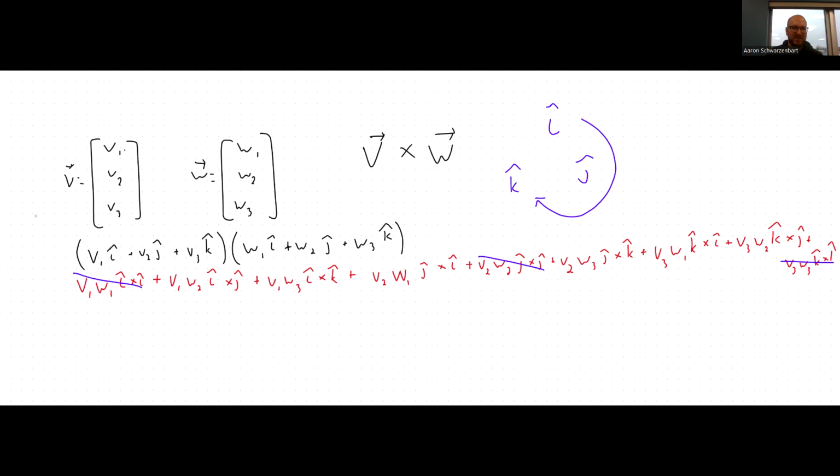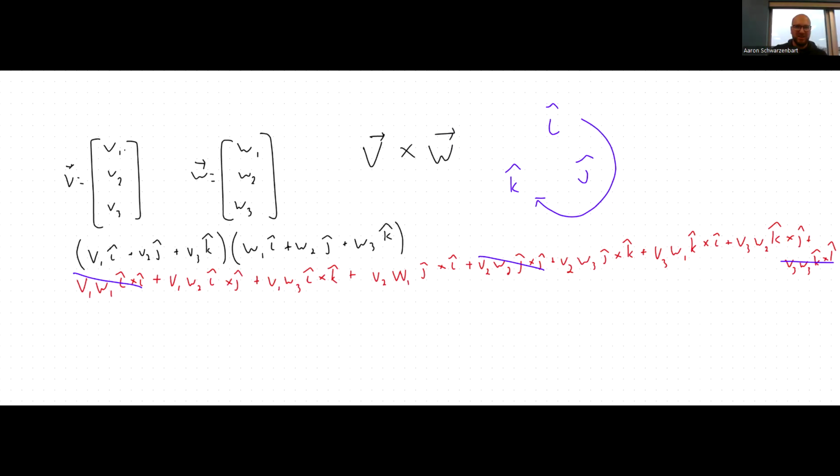And I can show that with the right-hand rule. i cross k, if I do it like this on the graph, k is going to be curving up off the page, equals negative j.